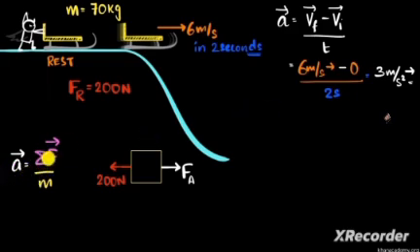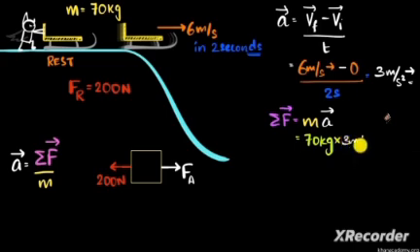Okay, now I can plug in and figure out what the net force is going to be. If I rearrange this equation, multiply by m on both sides, I get net force to be mass times the acceleration. And so now I can plug in for mass and acceleration. What do I get? Well, I get 70 kilograms, that's the mass, times the acceleration, 3 meters per second squared. 70 times 3, 7 times 3 is 21, so this is 210.